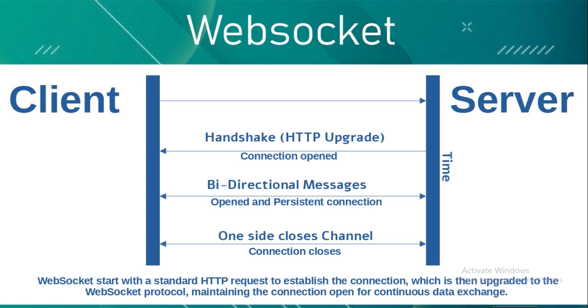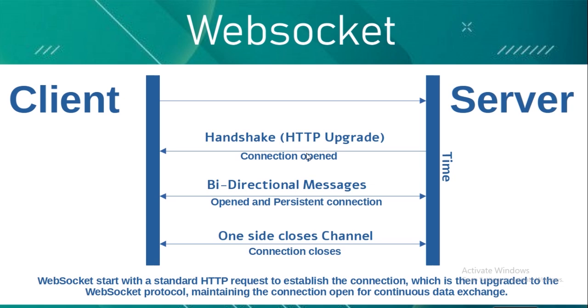This diagram represents the communication between the client and the server. WebSocket needs the HTTP support to initiate the connection. WebSocket starts with a standard HTTP request to establish the connection, which you can see we have as the first request here using the HTTP, which is then upgraded to the WebSocket protocol.